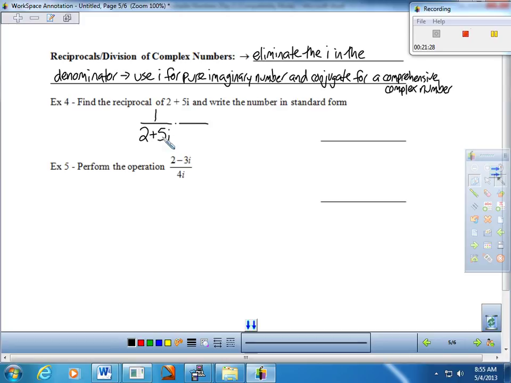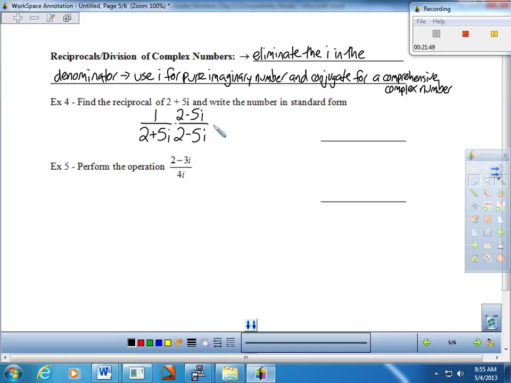And that should satisfy the requirements. So how do we change this to the real number system? Well, as we already explored, I multiply it by its conjugate. And anything I do to the denominator of a fraction, I must do to the numerator. And now the idea is change the form without changing its value.